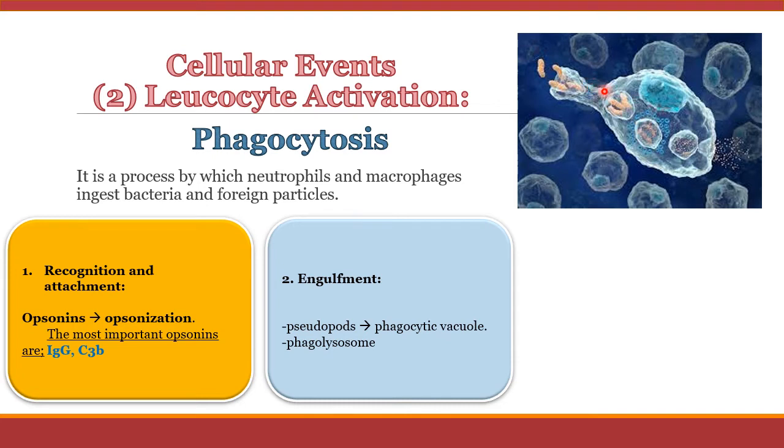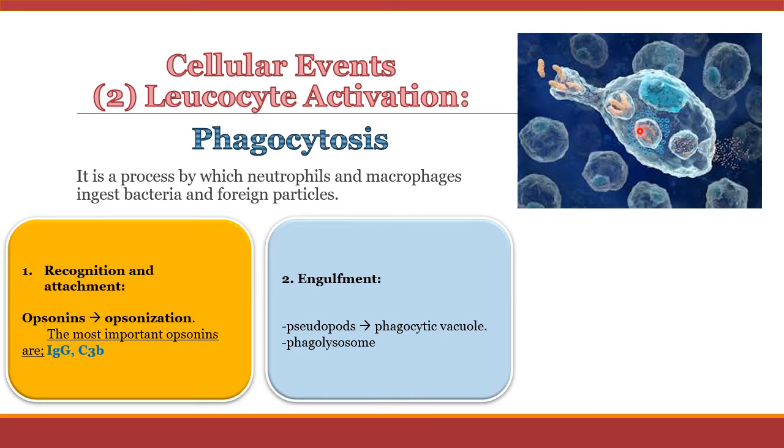This extension of their cytoplasm is called pseudopods. So pseudopods are going to be extended outside, take the bacteria inside, and the bacteria are going to be included in a space or a bubble inside the cytoplasm of the phagocyte called the phagocytic vacuole.